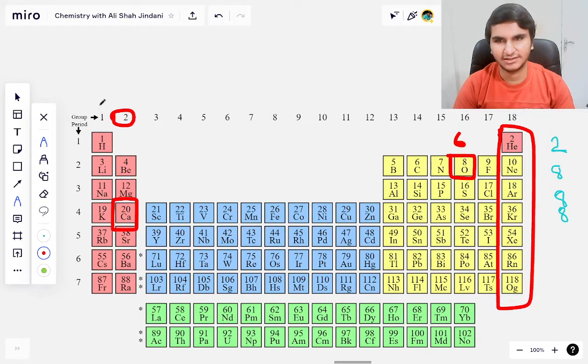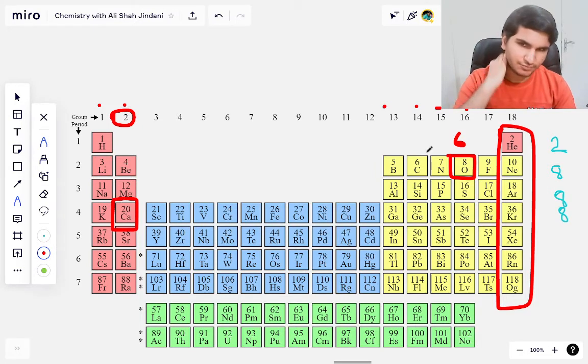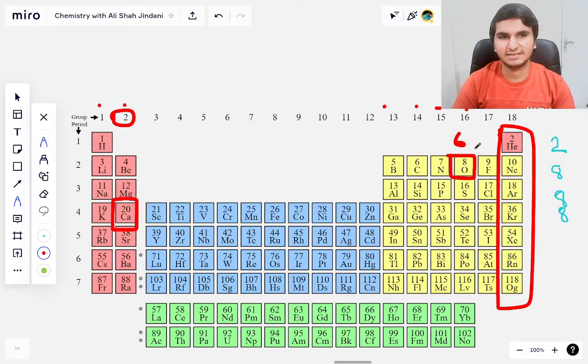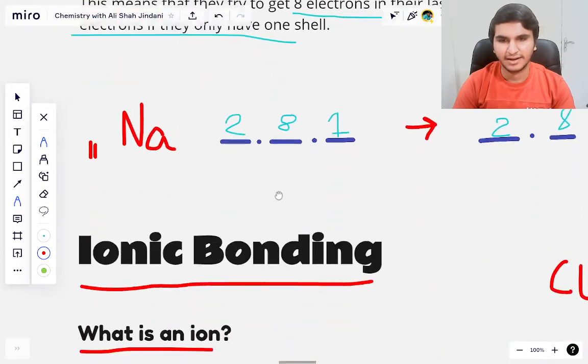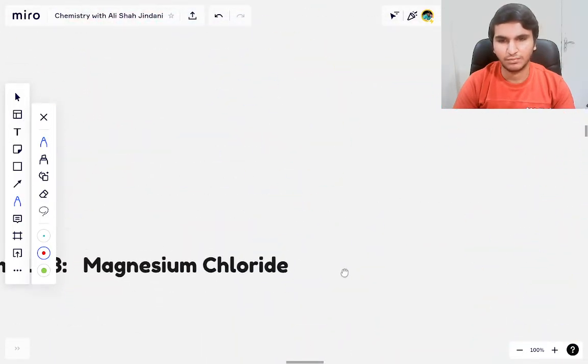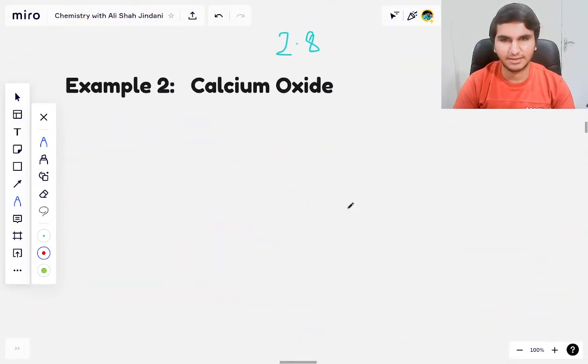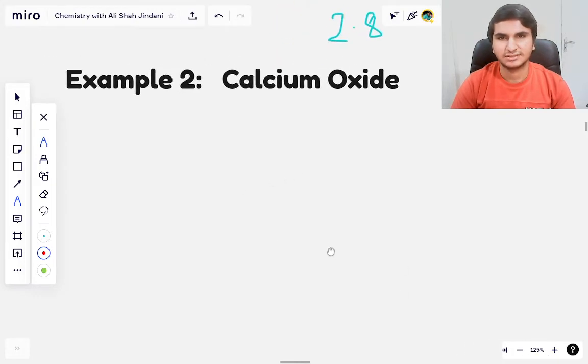I told you that these are 1, 2, and then 3, 4, 5, 6, 7, and 8 or 0, right? So we have calcium in group 2, we have oxide in group 6. This is in period 2, this is in period 4. So yeah, we have got all the information that we need, and now we are going to work with this example. So let's do this.